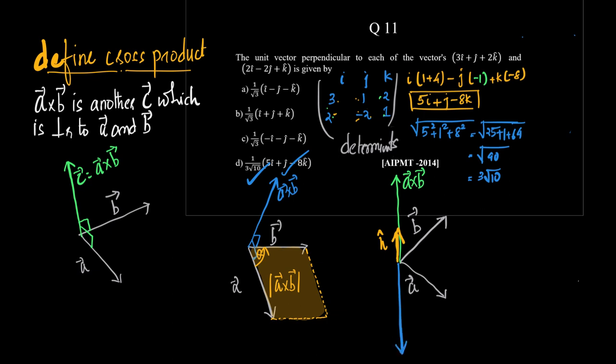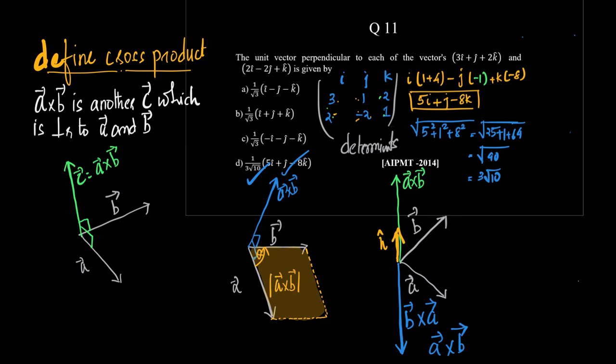Can you guess what that would be? This vector is what we call vector B cross A, or this can also be expressed as minus A cross B. So this is it about cross product and the analysis of it.